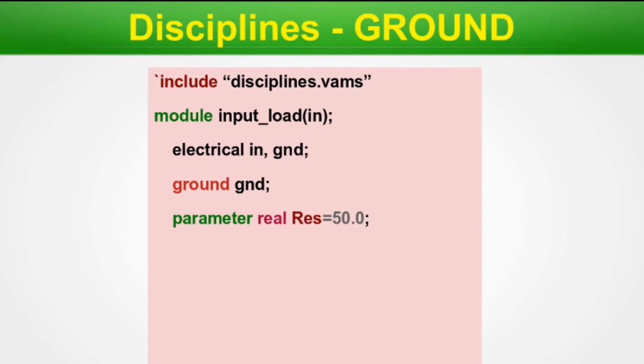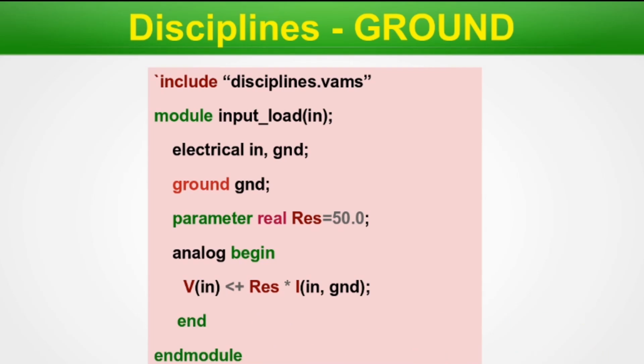We define the parameter here, resistance of a real value 50. Start our analog block by writing analog begin. Then we write the contribution statement here where we have used the ground also. We can see. Close this and close the entire module. So guys, this is the example of a type of discipline called ground.